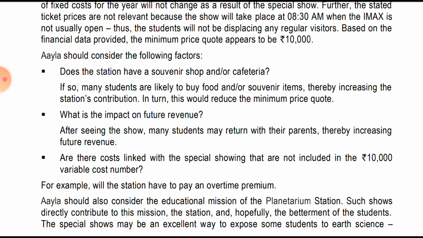What is the impact of the future event? After seeing this show, many students may return with their parents, thereby increasing the future revenue. Then there are the costs linked with the special showing that are not included in the 10,000 variable cost number.